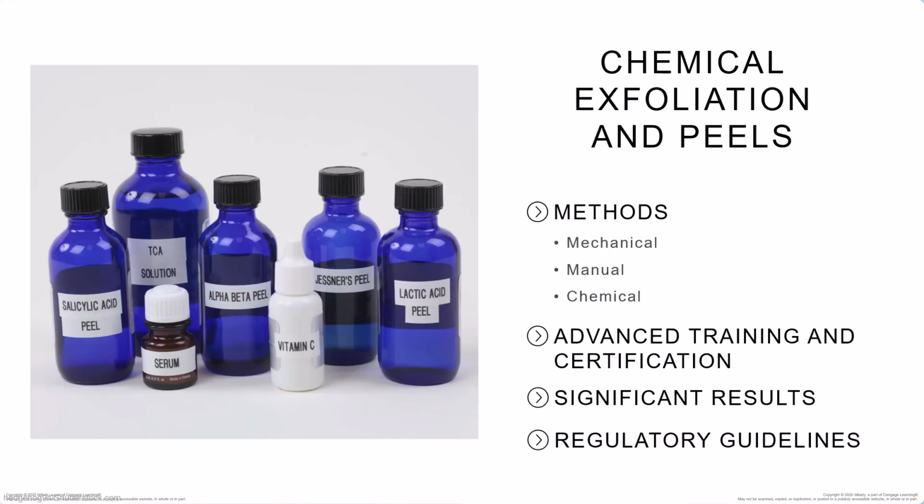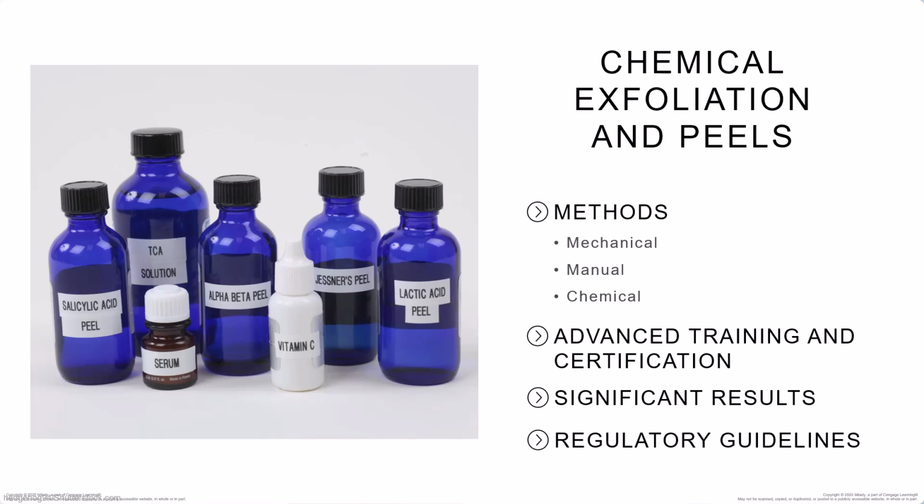In exfoliation, we have different kinds of methods that we can do on people. We have mechanical, manual, and chemical. Chemical exfoliation, the definition, is the process of removing excessive accumulations of dead skin cells from the corneum layers of the epidermis, so the outermost layer of the skin, and it can be referred to as superficial peeling, exfoliation, keratolysis, and desquamation.